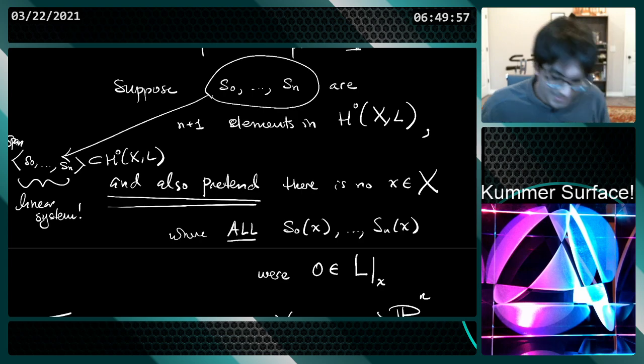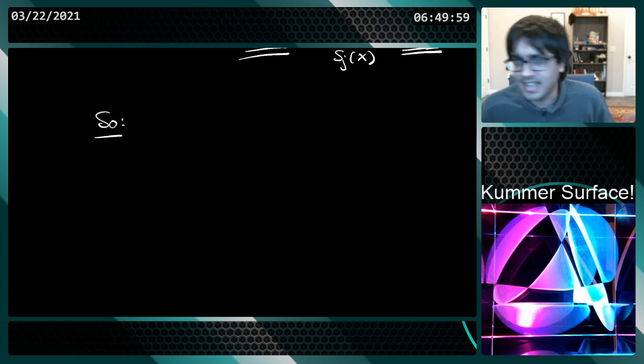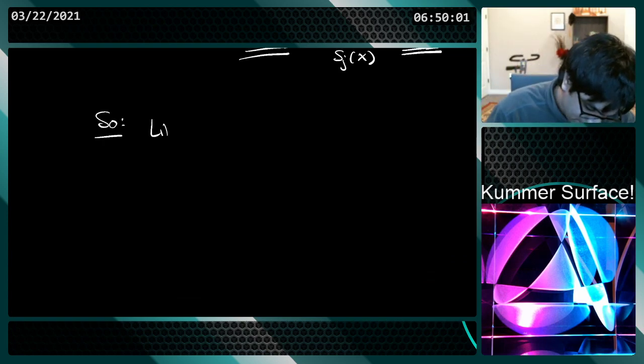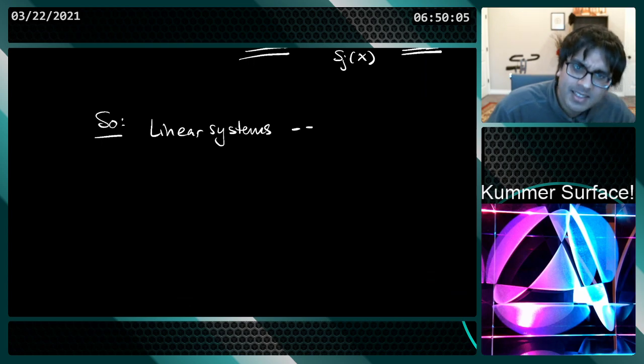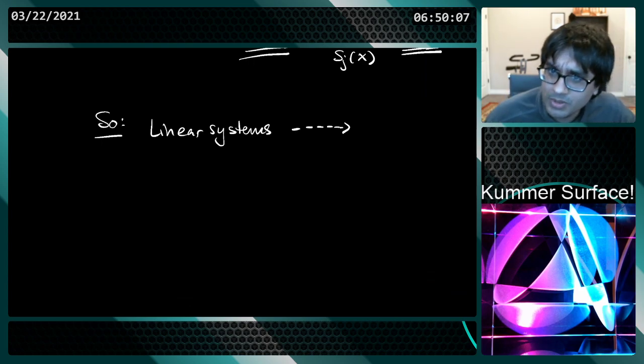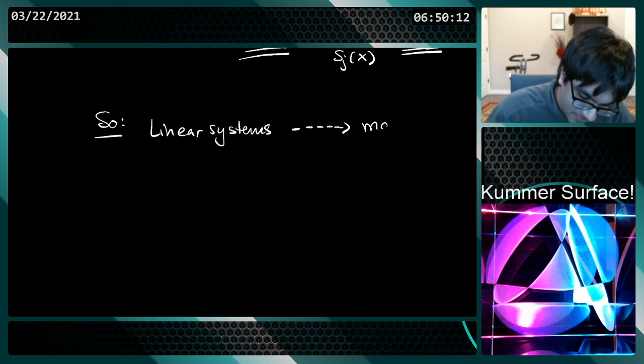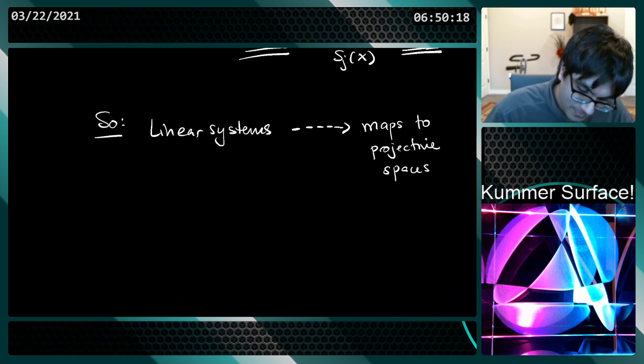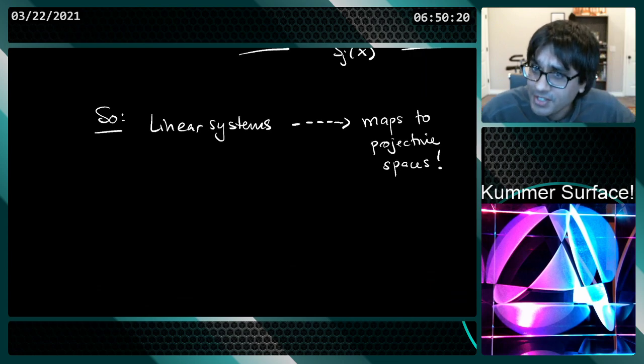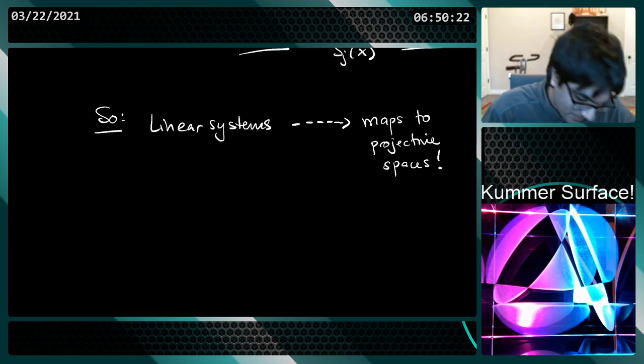So I'm just going to summarize it as linear systems encode maps to projective spaces, as long as they are what's called base point free.